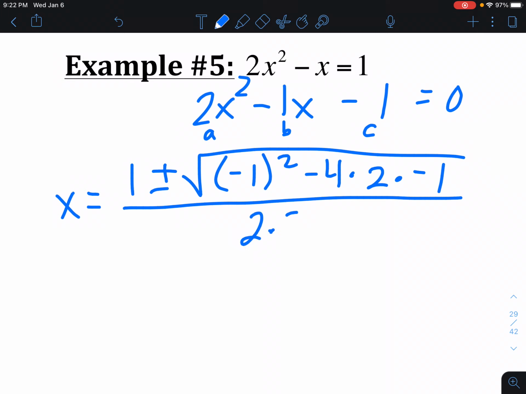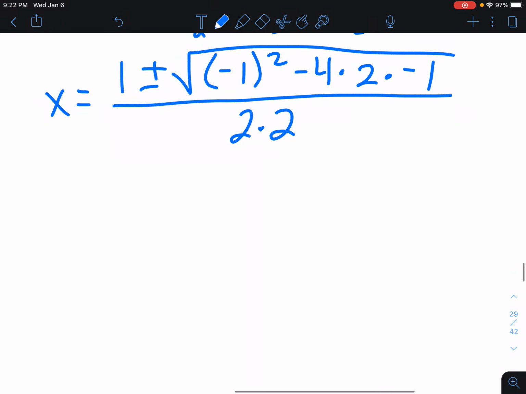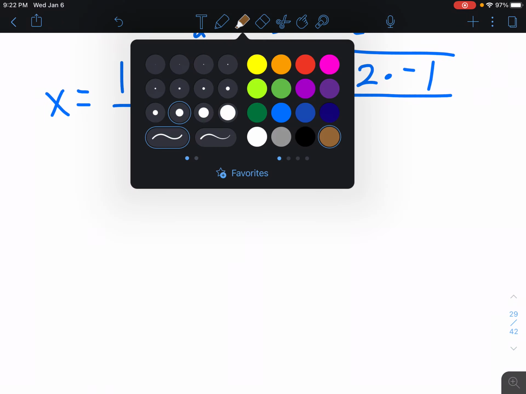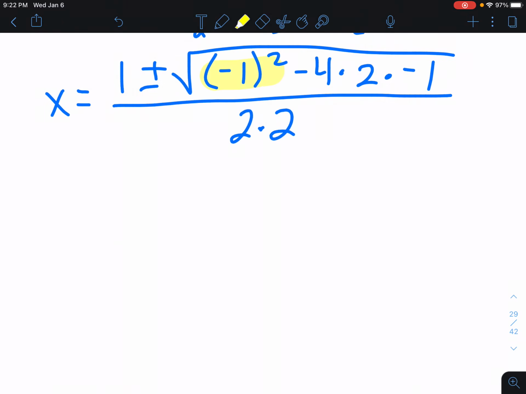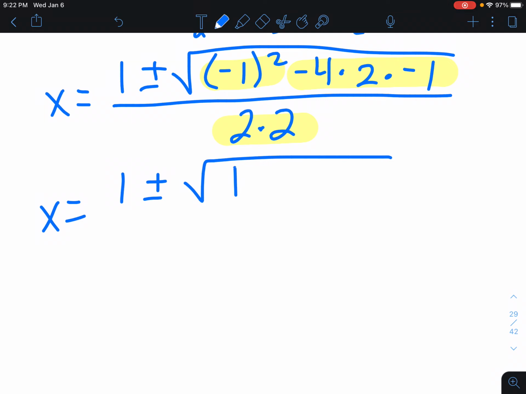On the bottom, 2 times A, which is 2. So now I'm going to multiply my 3 times: 1, 2, and 3. Don't lose your radical. Negative 1 squared is 1. Minus 4 times 2 times negative 1 would be a plus 8. On the bottom, 2 times 2, 4.